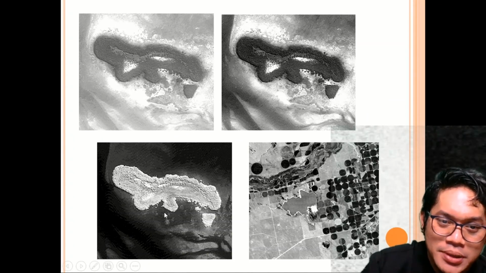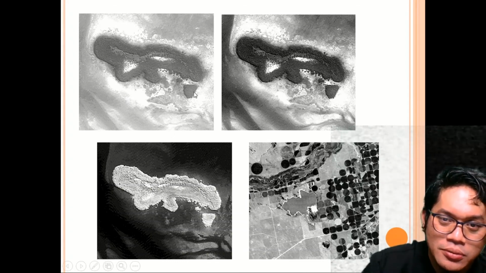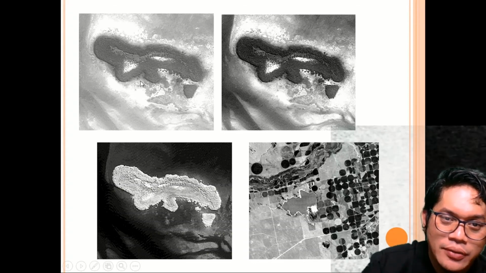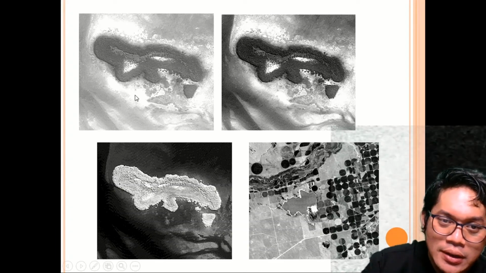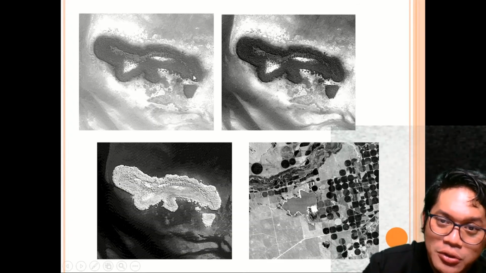Different R, G and B. Oh, this one is blue, green and red. It gives different intensity of the images. It shows different reflectance. The brighter, the more reflectance. The darker, less reflectance or no reflectance at all.